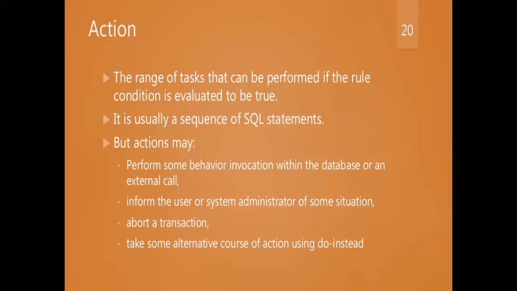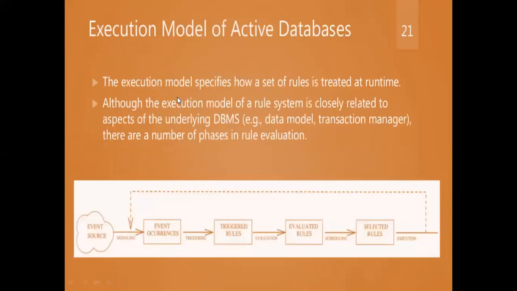Aborting a transaction, ATM, we can take as the example. If the user is not putting a correct pin, then the transaction has to be aborted. Some alternatives also we need to take sometimes, right? So these are the things by which the action is performed.